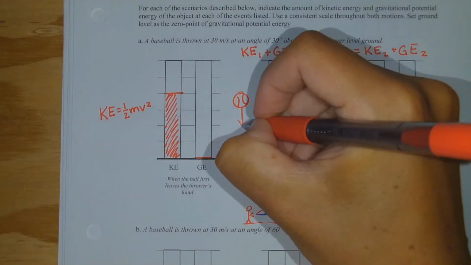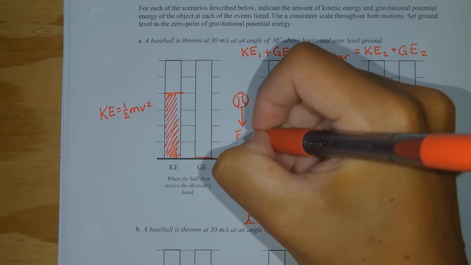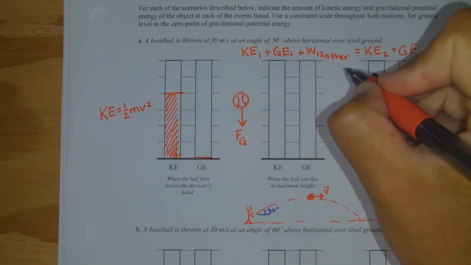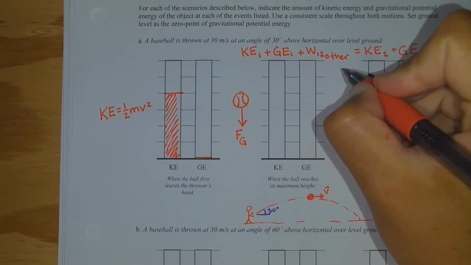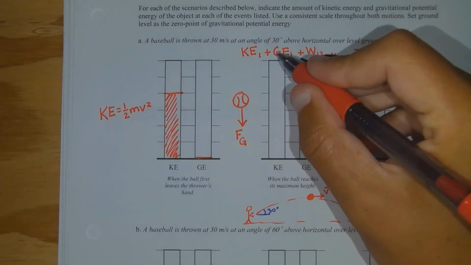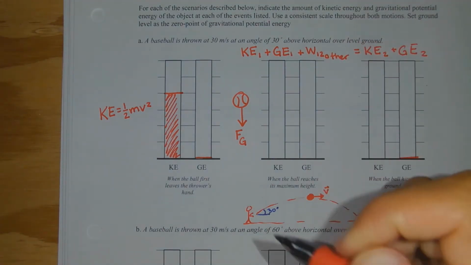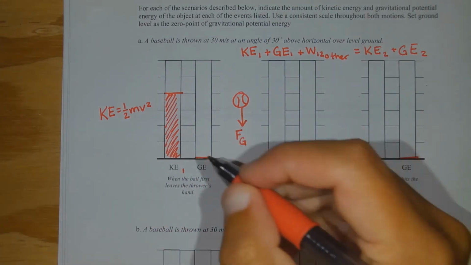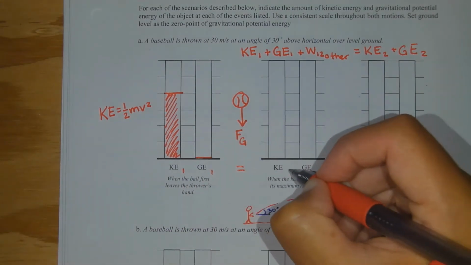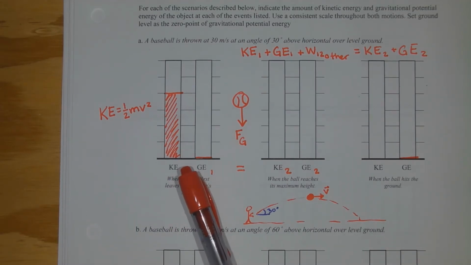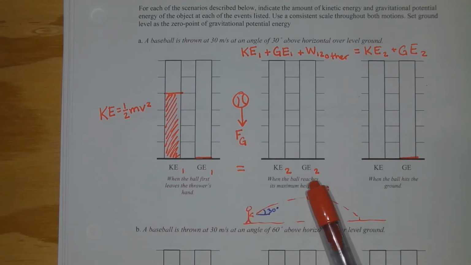And so the only force that we have acting on the object is the force of gravity, which means work 1, 2 other is equal to 0, which means KE1 plus GE1 is equal to KE2 plus GE2, because we have no forces other than gravity acting on the object. Which means if I have 4 blocks total at event 1, I should have 4 blocks total at event 2.